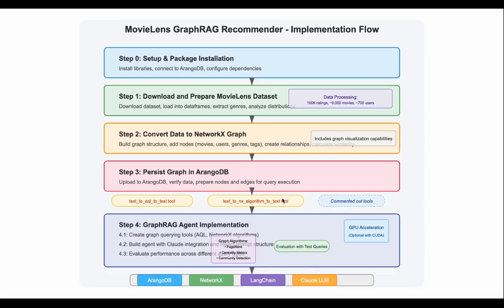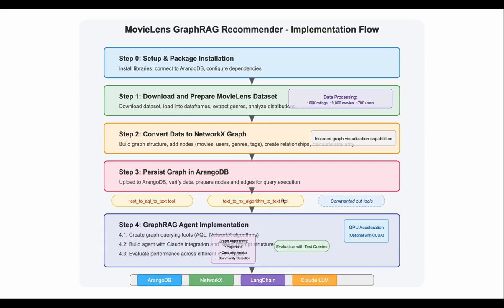So this is the implementation flow of the notebook. In the notebook, we set up the packages and installation, download and prepare the MovieLens datasets, and convert that into a graph using the NetworkX graph. To be able to query the graph, we persist the graph in ArangoDB.